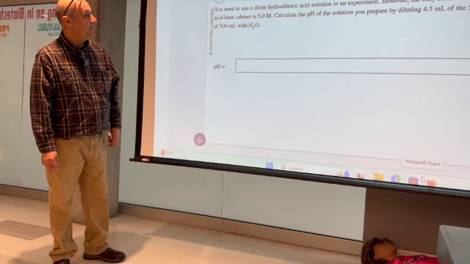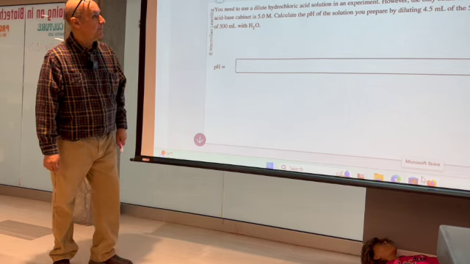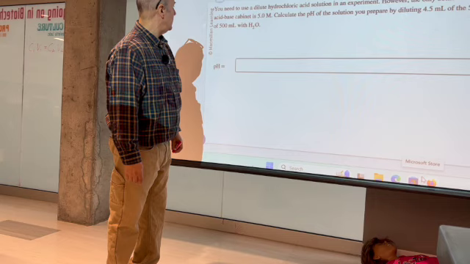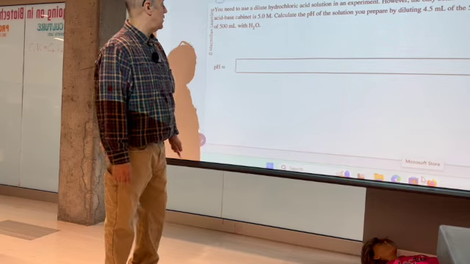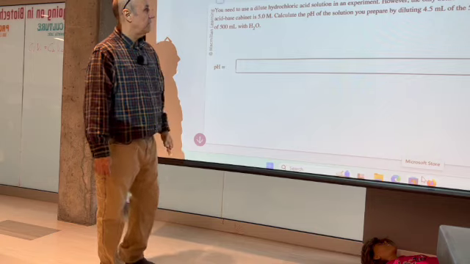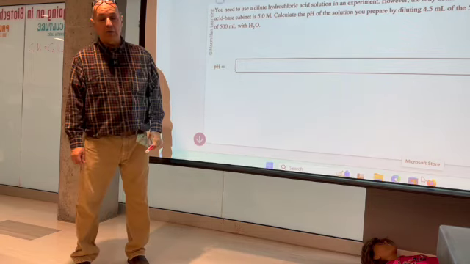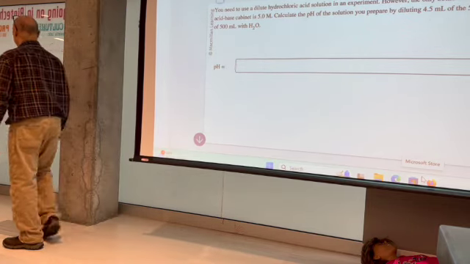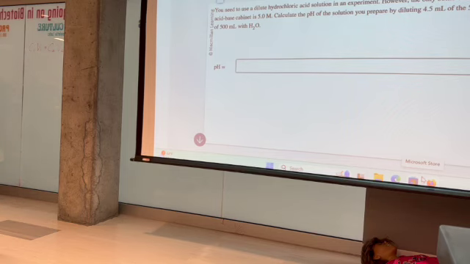We have 2 volumes, 1 concentration. We're looking for the final concentration after you dilute it to 500 milliliters. The only thing here to remember is, and this is something that probably is not covered too much in chemistry anymore, but it is important to realize that it does exist.